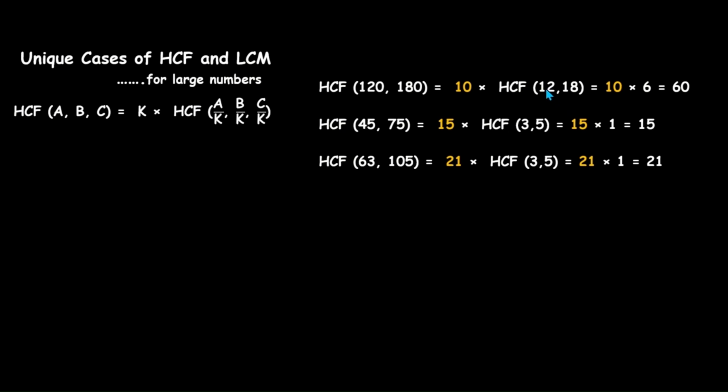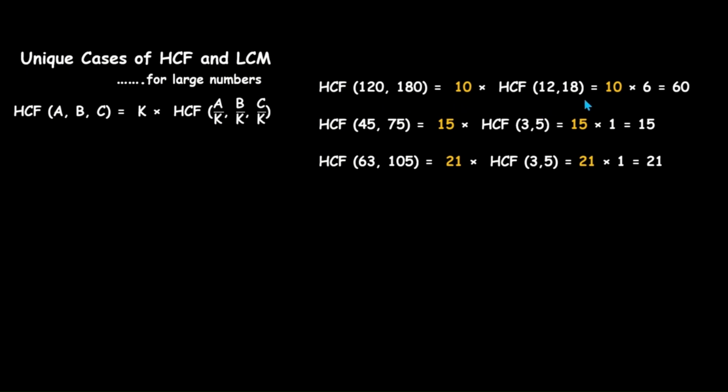It's like 120 by 10 is 12 and 180 by 10 is 18. And these are relatively smaller numbers than the actual numbers 120 and 180. And calculating the HCF or LCM for 12 and 18 would be relatively easier than calculating the HCF and LCM of 120 and 180. Imagine the amount of time we have to spend doing the prime factorization of 120 and 180.